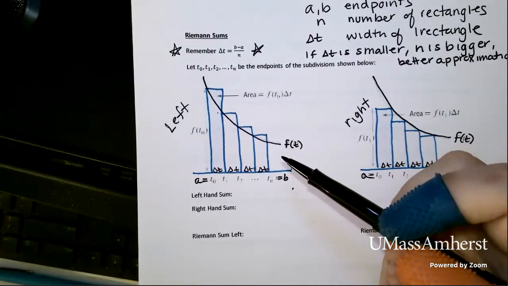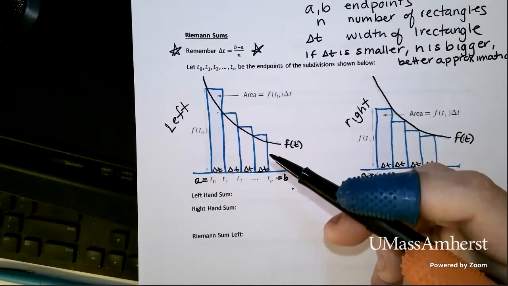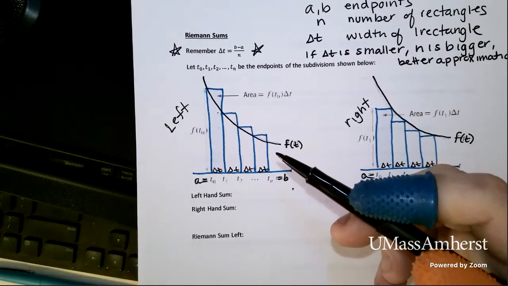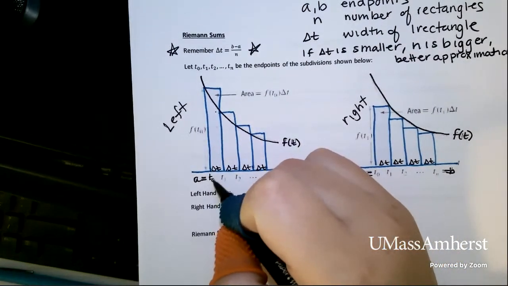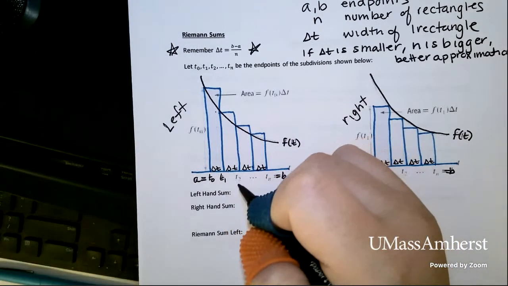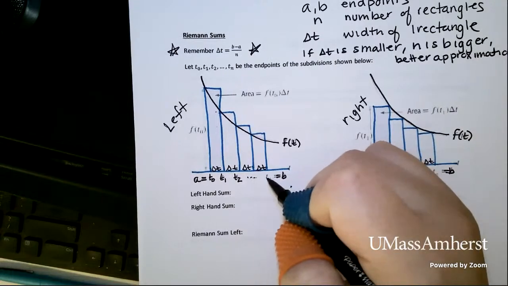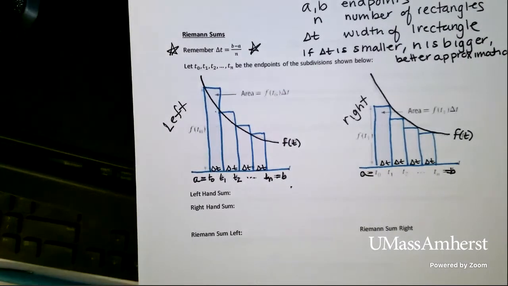So if we're going to be plugging things in, we need a way to talk about these points that are not just integers, right? Because we want to be able to count by anything. And so what we do is we create an index where the first point is t sub 0, the next one is t sub 1, then we'd have t sub 2, and then the last one would be t sub n, okay?